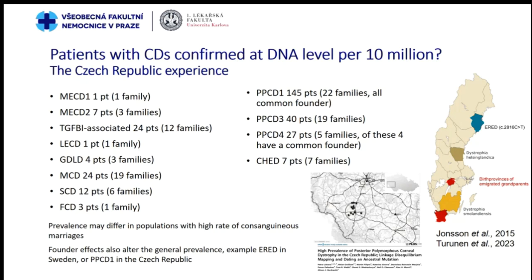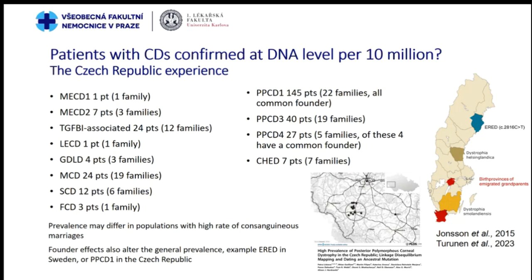As you can see, and as expected, we found 12 families with TGFBI-associated corneal dystrophy, so nearly the most common group. Then we found 19 families with PPCD3, and because they have different mutations, this prevalence rate can be used.